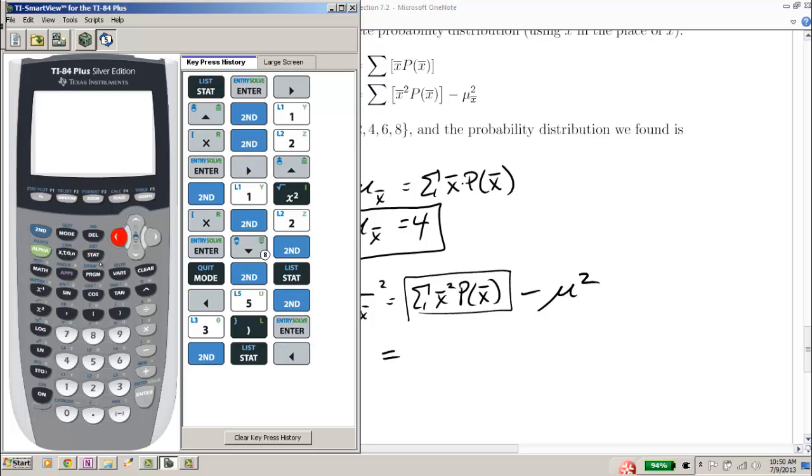So second stat, math menu, selecting the sum, and telling it to add up the items in list 4.